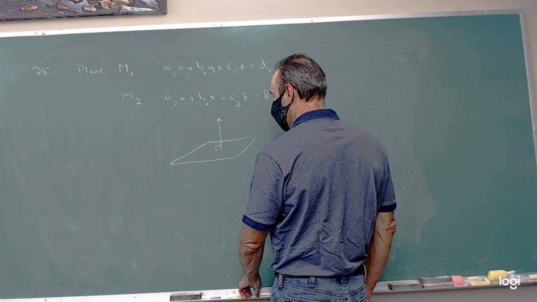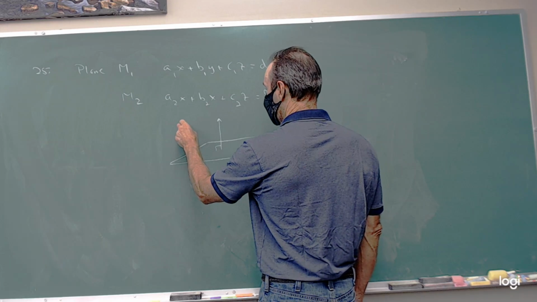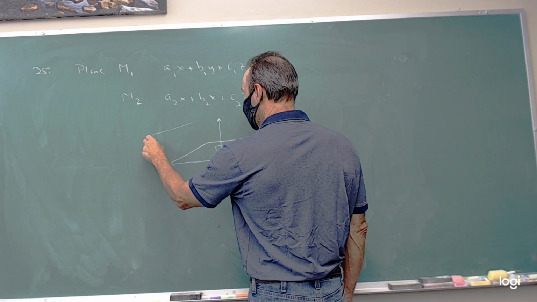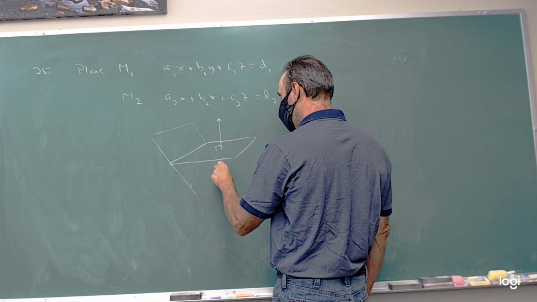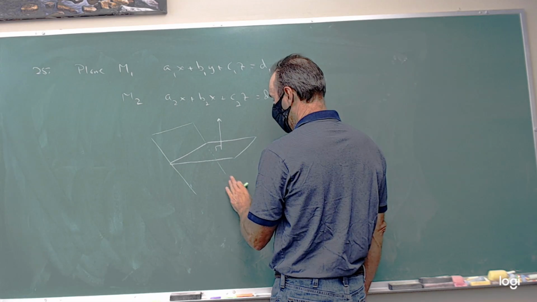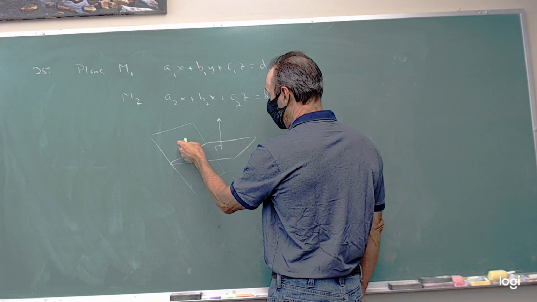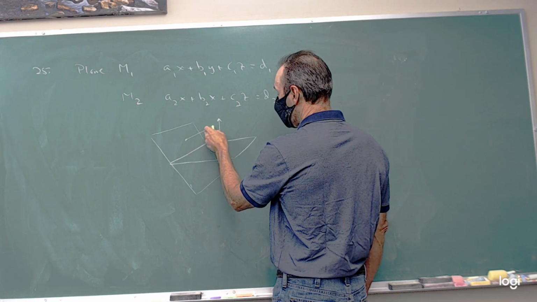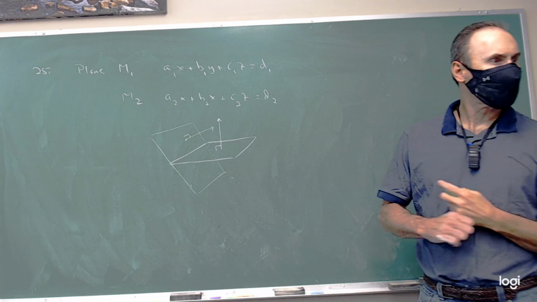Then we're going to have some other plane, and it's got a vector there that's normal to it.